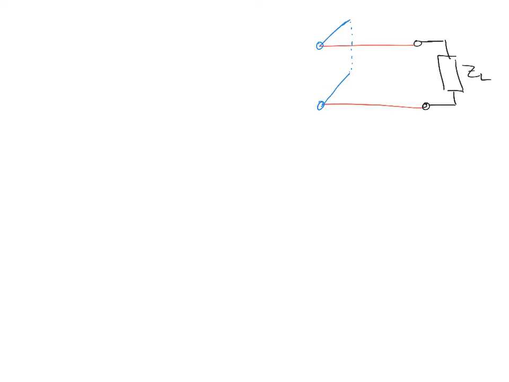Okay, and the components of this are: we have ZL, we have an impedance that you see from here, total impedance, which is the desired matched impedance. So this is known to you and this is known to you. So you know initially what was the initial impedance that you start with and what's the desired impedance.